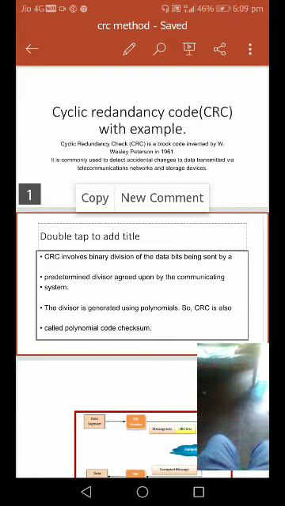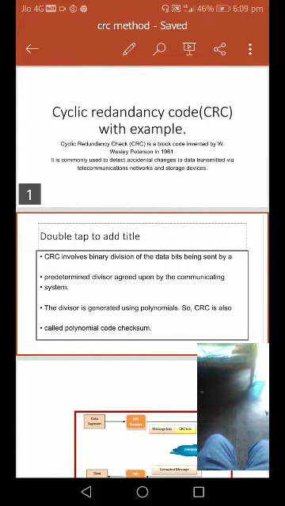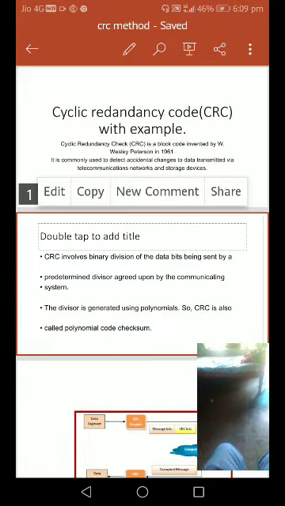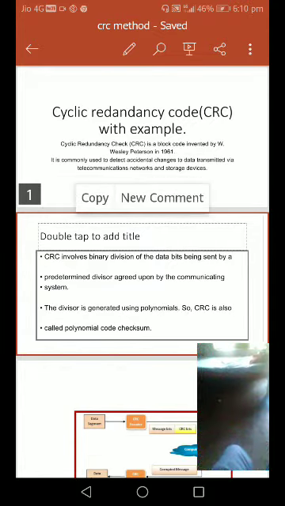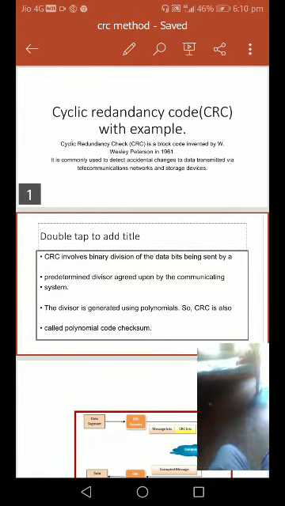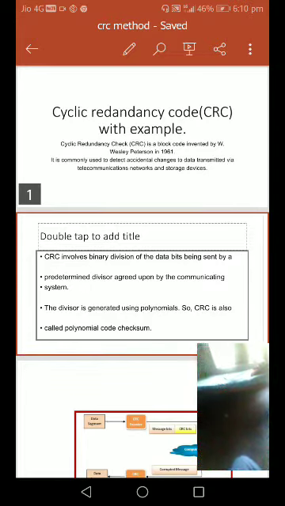So CRC, the cyclic redundancy check, is also called polynomial code checking.